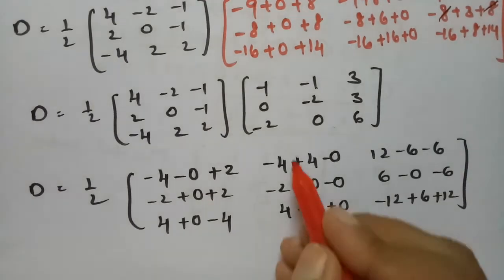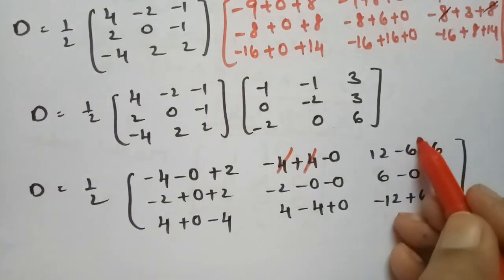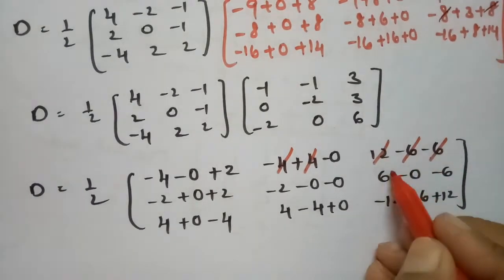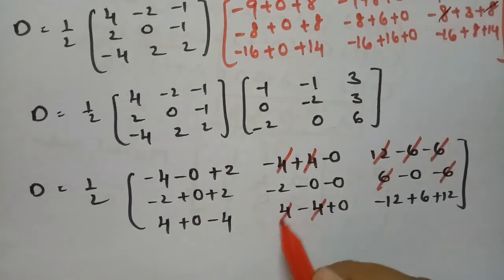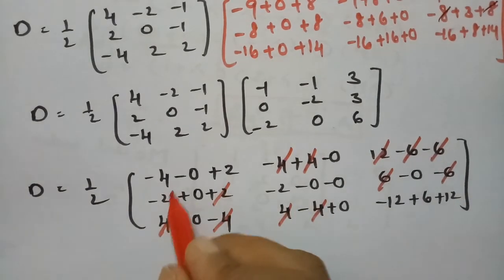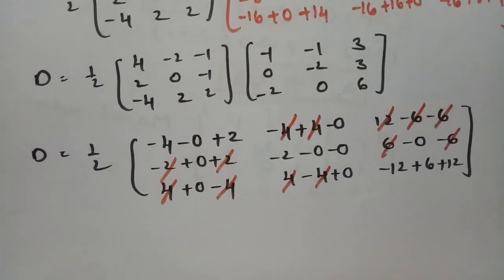So if you see properly, plus 4 and minus 4, plus 6, plus 12 minus 12, this is plus 6 minus 6, and plus 2 minus 2, and see what happens here.